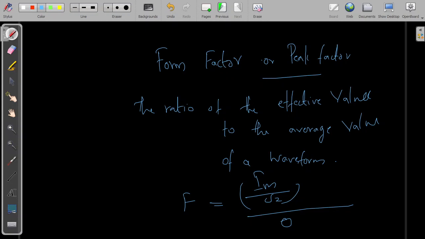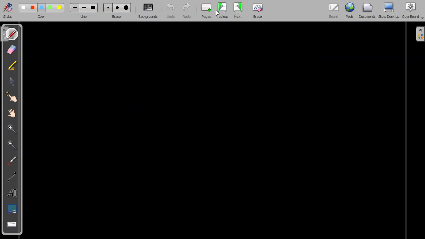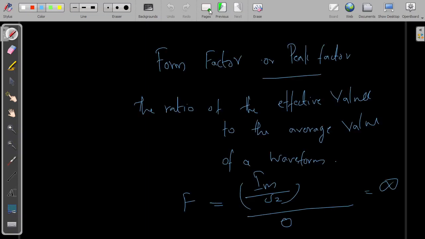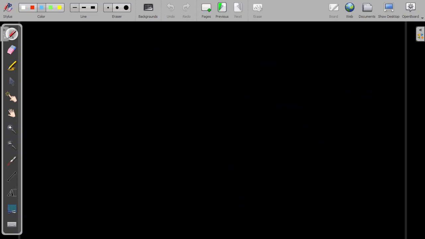So the form factor for a pure sinusoidal alternating current waveform will be infinity. Okay, and for our supply voltage, that is the 230 volt 50 hertz supply voltage available in our house, its form factor is actually 1.11.